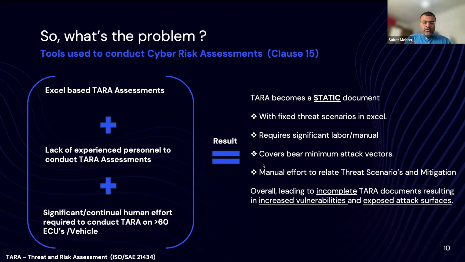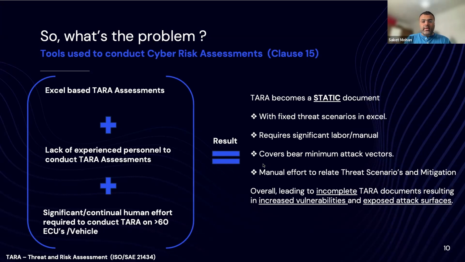Using the current state of the art, the TARA is a static document, fixed with a number of scenarios. There are inherent scenarios from Regulation 155, which is often taken as a very standard baseline merely because everybody wants to comply. And there has to be a step forward at some point in time.